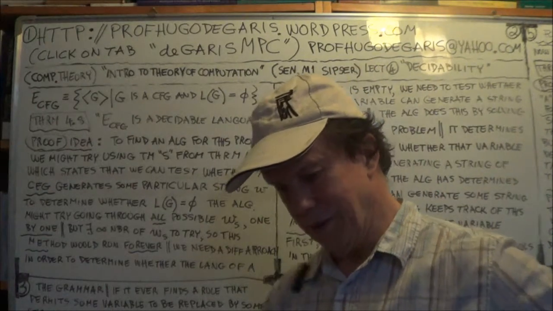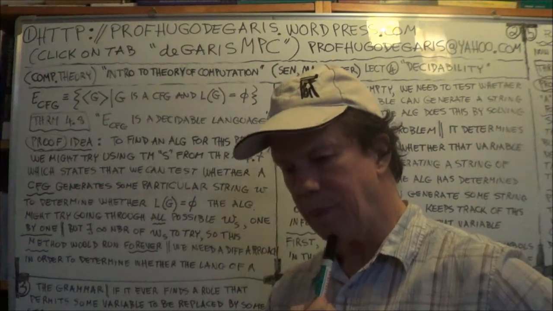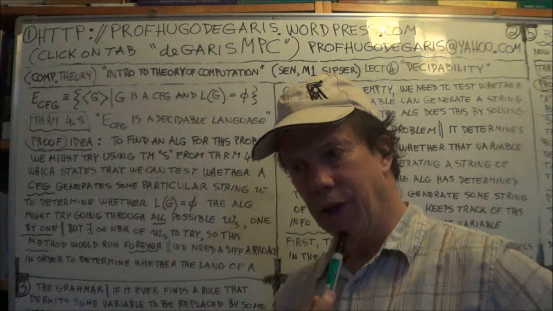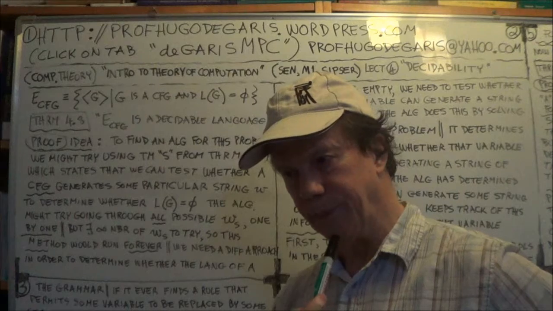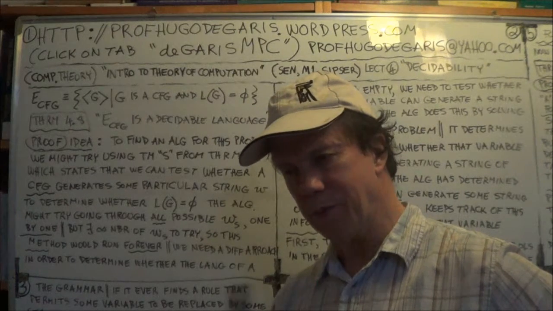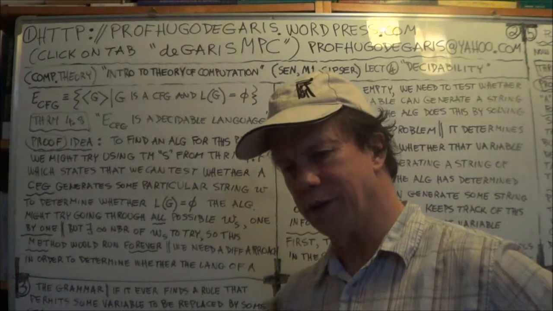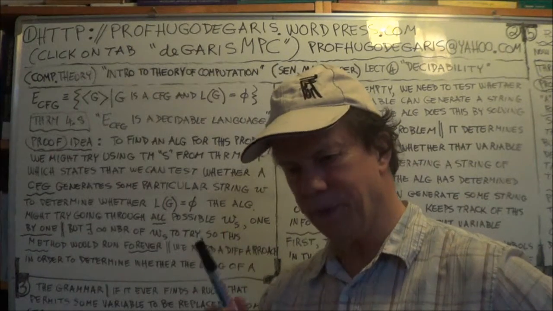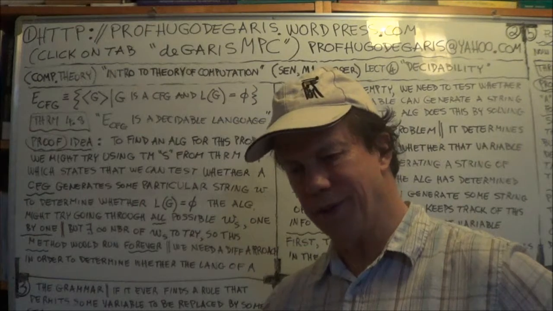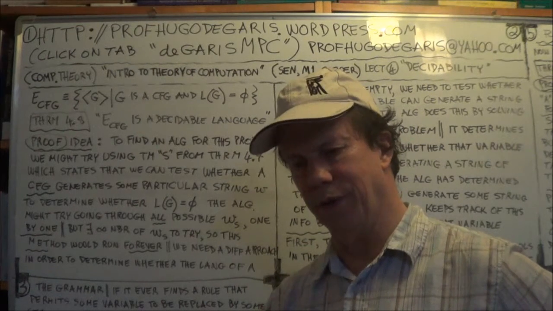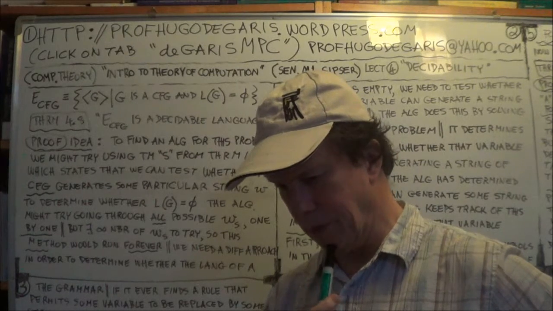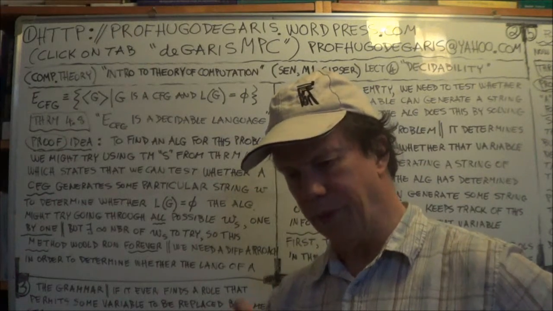Okay, so the essence of the proof then is this. You loop through this process of dotting the variables.